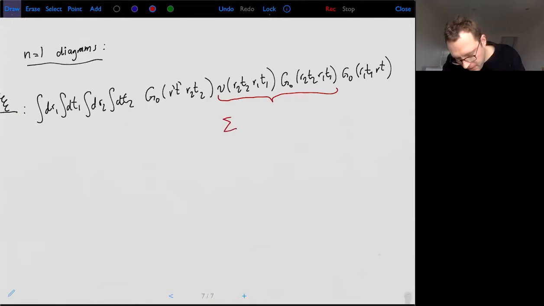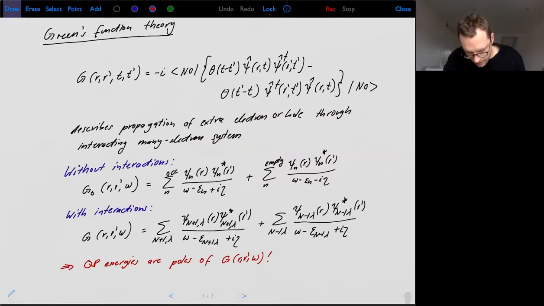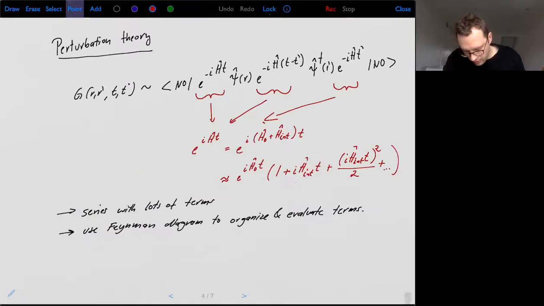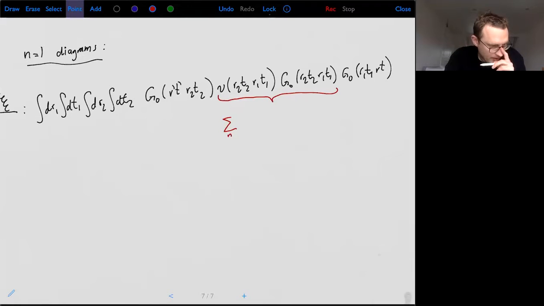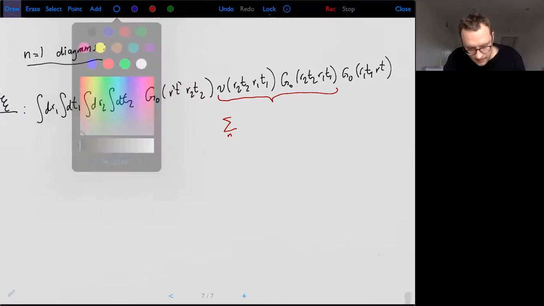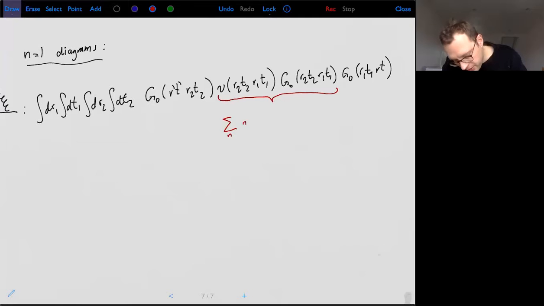We can write this as a sum over n, which is basically coming from the sum over n in G0, right? I remind you that G0 can be written in this way as a sum over all the single particle states. So we have this sum over n, and then we have our interaction. I'm not writing the delta function in the times. And then I have these two wave functions in the numerator of the Green's function.